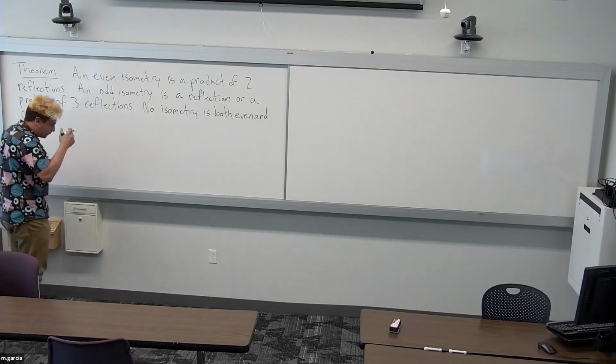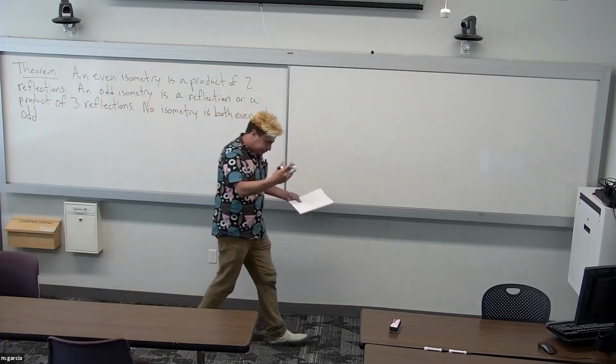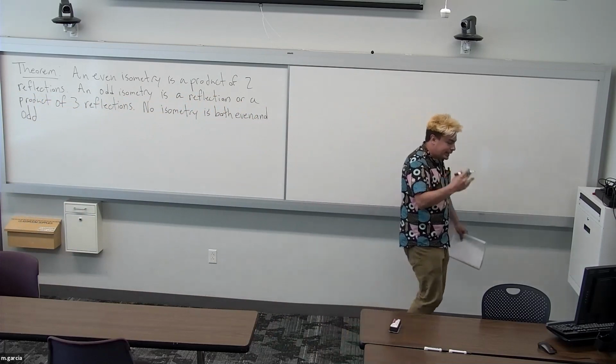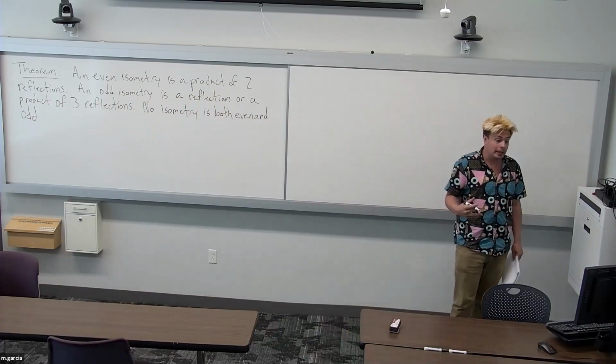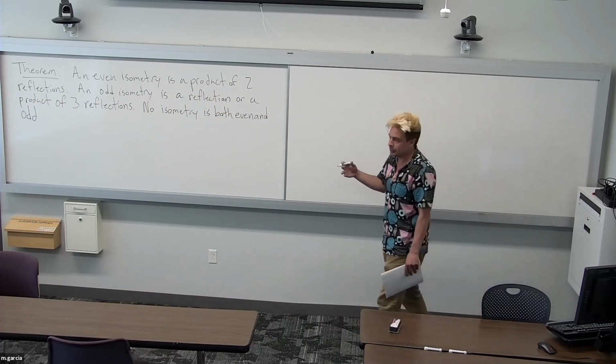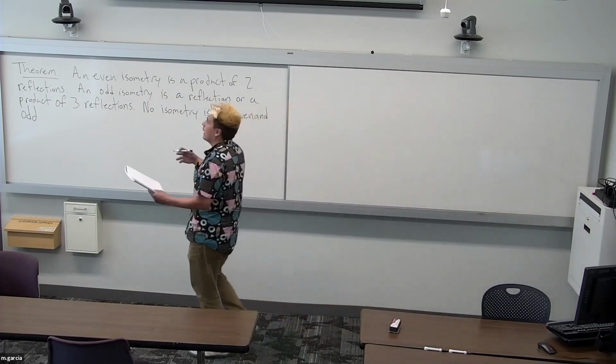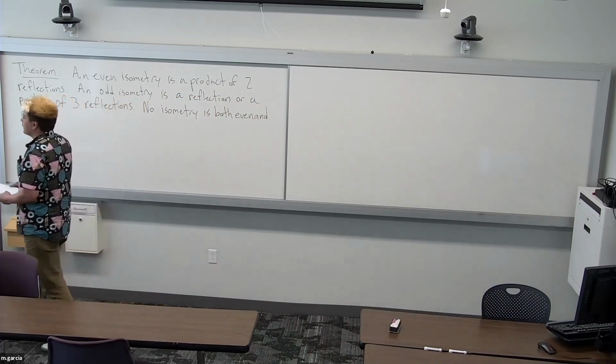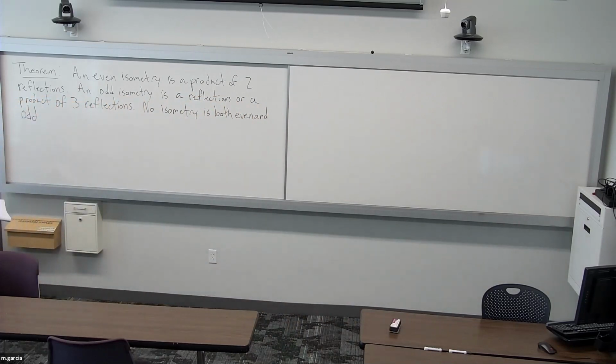So hopefully you'll remember that this was our main goal in showing that even and odd is a useful concept for isometries, so that we can further classify the different types of isometries and say what properties they have. That's what we are aiming to use even and odd for.